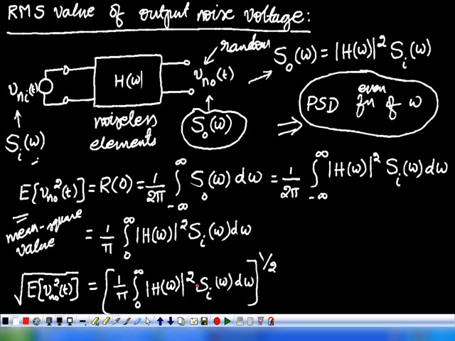Is it right? So therefore, this quantity is the root mean square value of output noise voltage.